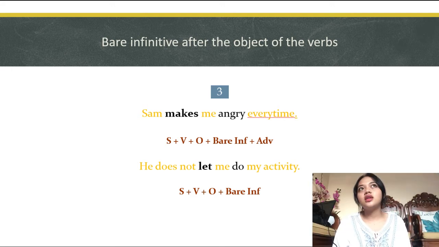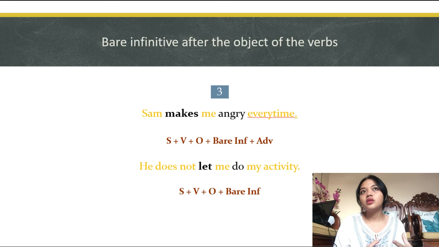Okay, the last is he does not let me do my activity. He does not let me do my activity. So let here is the main verb and me here is the object, and then do, of course, is a bare infinitive.